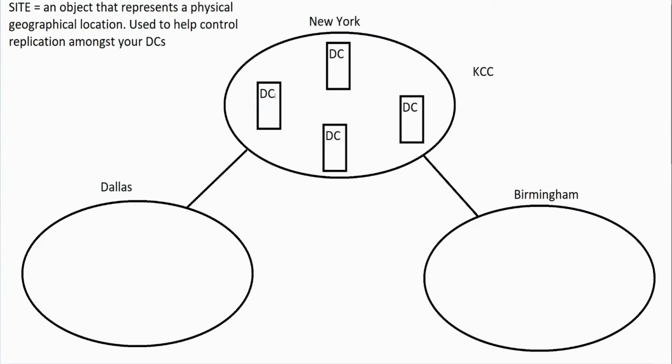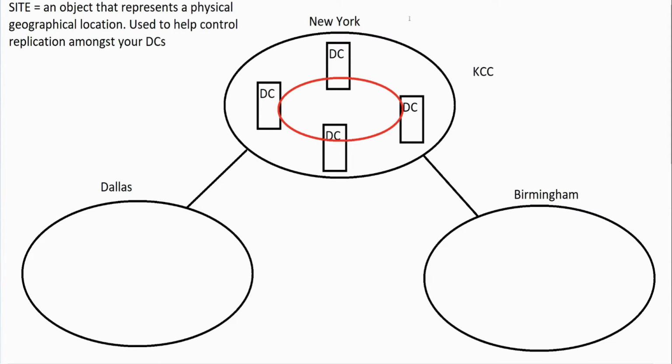The KCC on your different domain controllers communicate with each other and locate each other. They do almost like a ping to determine how close each domain controller is in the same site. They create a circular replication ring amongst these DCs by determining how close they are, the latency between the different DCs.